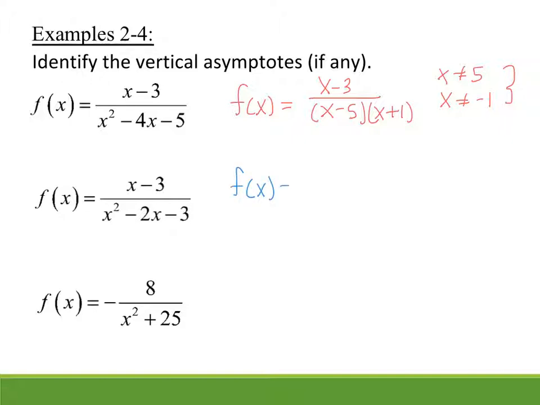So f of x is equal to x minus 3 divided by x minus 3 times x plus 1. Now we don't cross out the x minus 3 and say, oh, we only have x plus 1. We still have the x minus 3 in the denominator. So x cannot equal 3 and x cannot equal negative 1. Here are our vertical asymptotes.